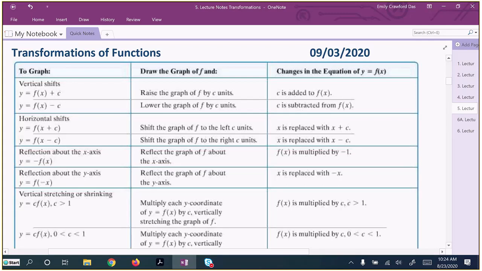The next type of transformation we might see is a reflection across the x-axis. So let's imagine I have my coordinate axes and I have a point sitting somewhere. If I reflect that point across the x-axis, now it's down here. Which coordinate did I change, the x-coordinate or the y-coordinate? Well, I changed the y-coordinate.